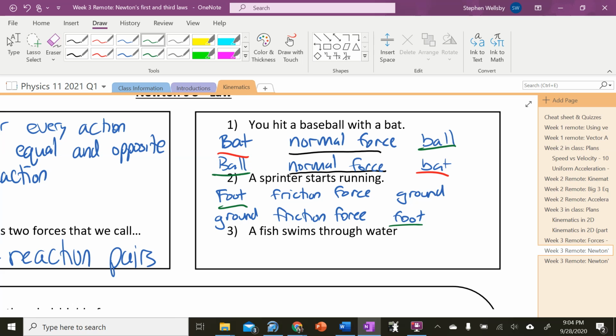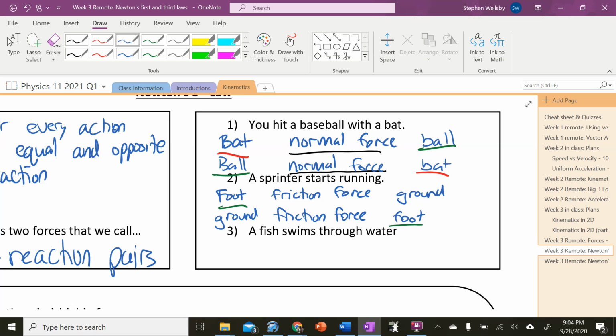So even though you're pushing on the Earth and the Earth is pushing on you with the exact same amount of force, that's what Newton's third law is telling us, the amount of force is going to be the same, the Earth is just way too massive for you to possibly move, whereas you are definitely small enough for the Earth to move. So in this case here, that would be the action-reaction pair.